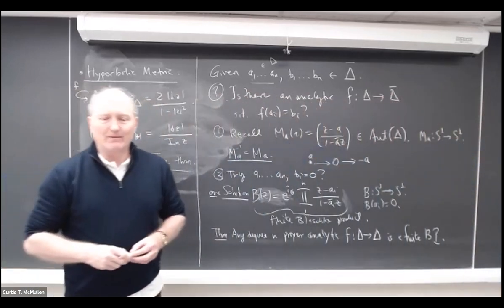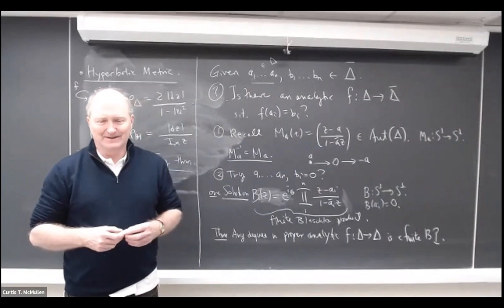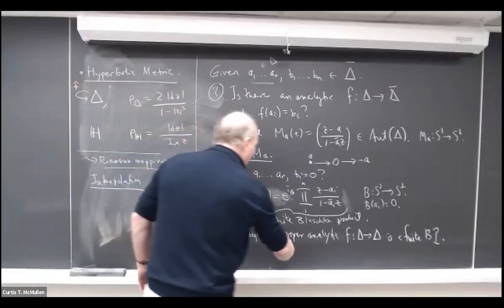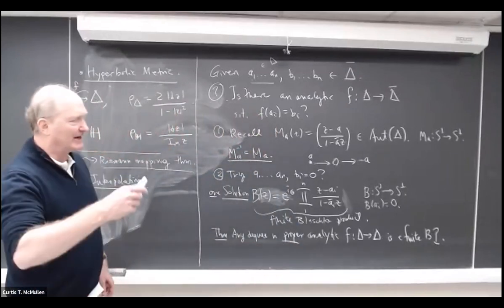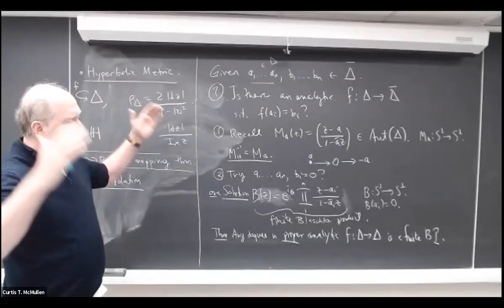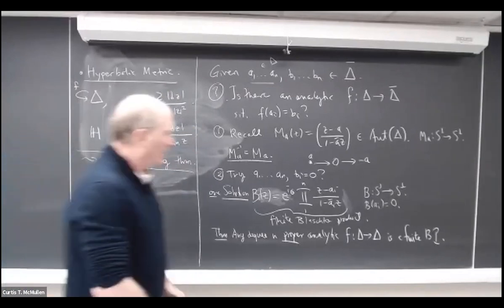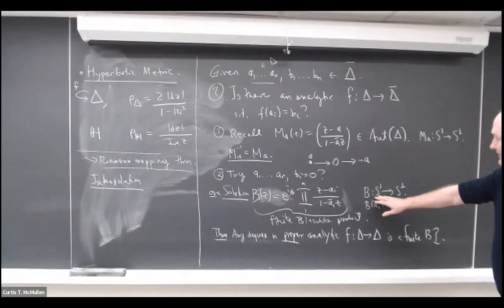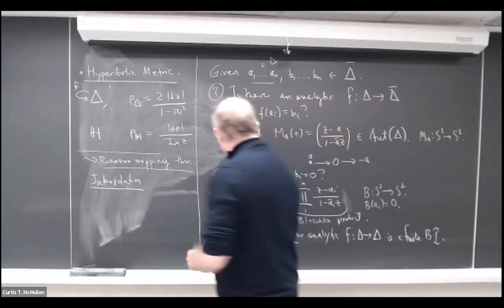Okay, now who can tell me what a proper map is? I think if we take a compact set, then the pre-image is compact. Yeah, that's right. Proper means the pre-image of a compact set is compact, or intuitively, it means it sends the edge of the domain to the edge of the domain. So in this case, these are proper because they send the boundary of the disk to the boundary of the disk, and they're continuous up to the boundary.